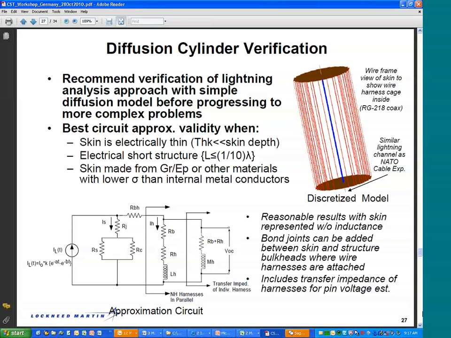And then you can project from that, knowing the current through a shield, you can actually predict the open circuit voltage given the resistance per meter and inductance per meter for the braid and the transfer impedance parameters.